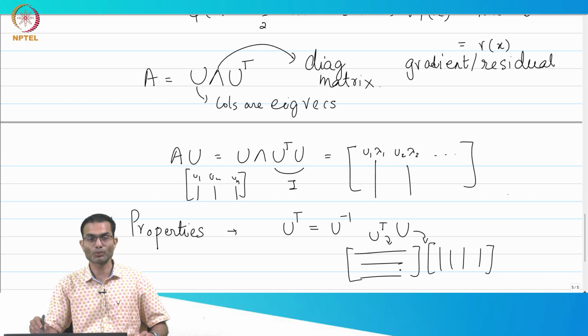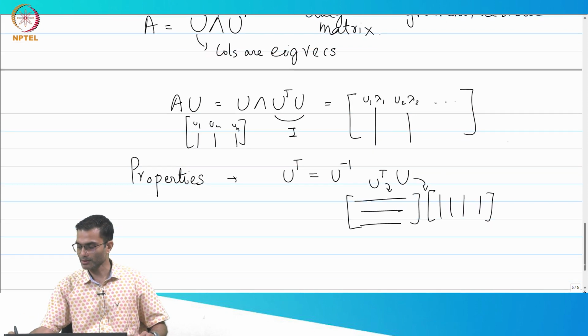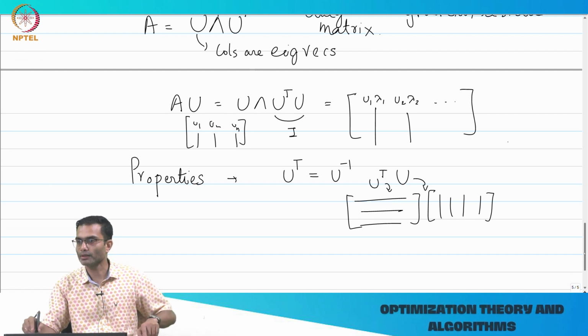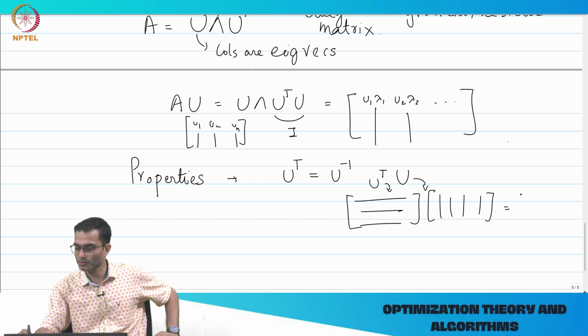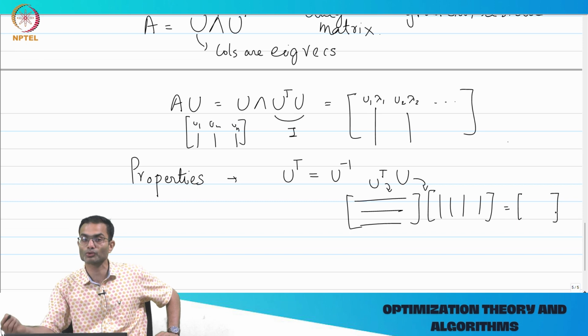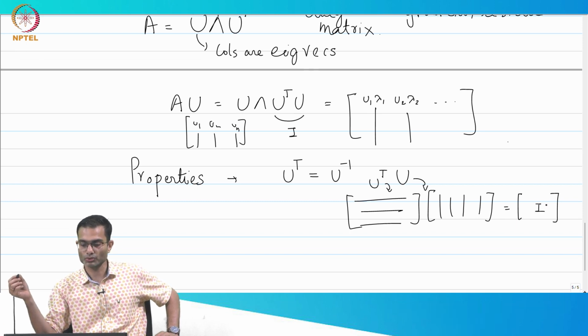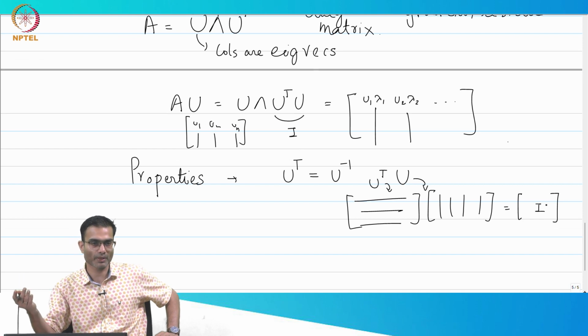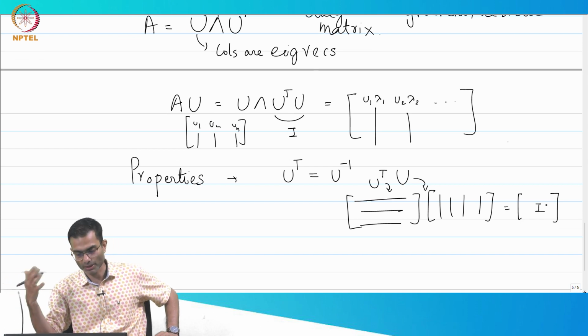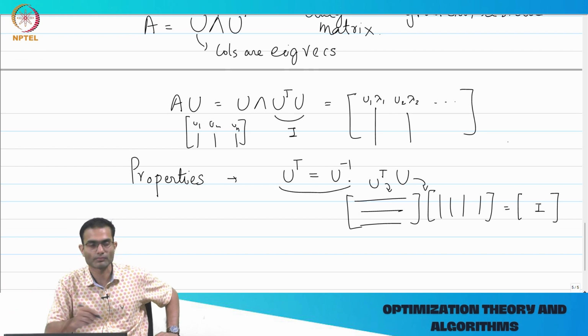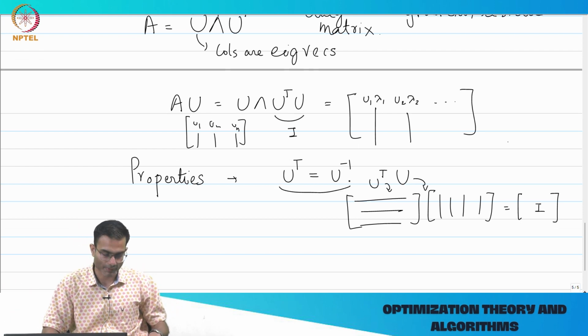Now when I multiply U transpose into U, what will I get? Since they are orthonormal to each other, I'm only going to get diagonal terms. In fact, since they are orthonormal, this will be identity, right? And it's a square matrix, of course. We are working only with square matrices. So this gives you U transpose is equal to U inverse, quite straightforward.